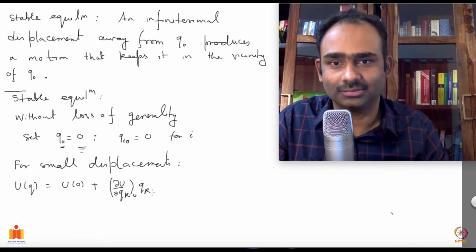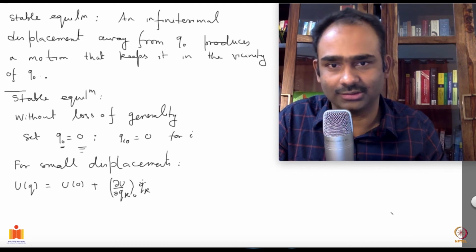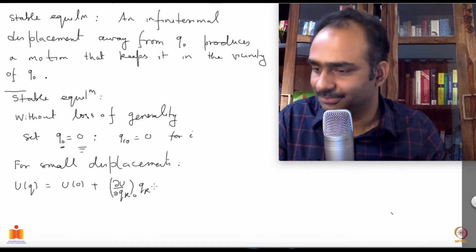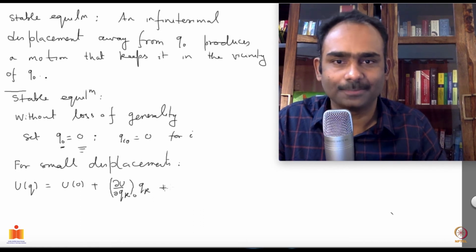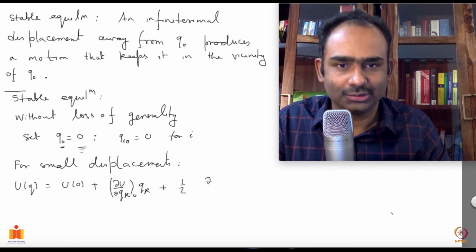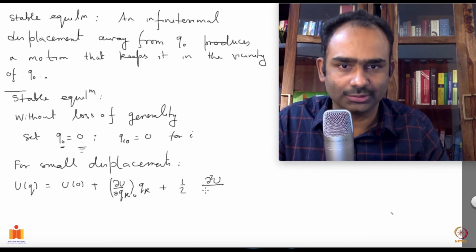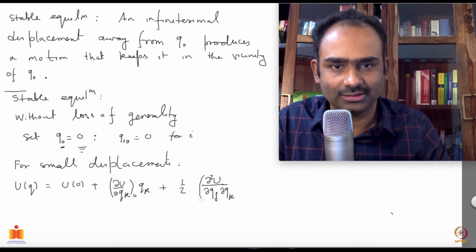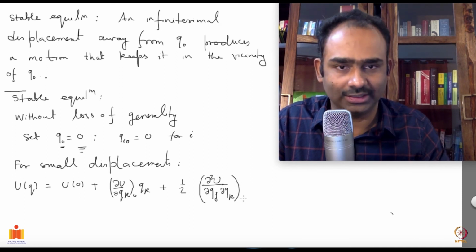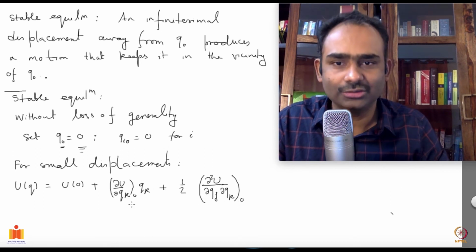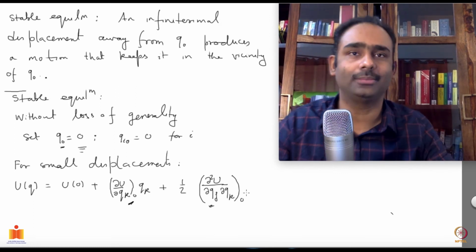So that's one advantage of putting everything at the origin: I don't have to write q_k minus something. Plus half, you take a second derivative of U with respect to q_j q_k, and again this should be evaluated at the origin. These two quantities are now numbers. They are not functions of q anymore. They are just numbers determined by your system.